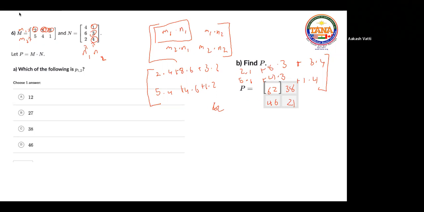Did I explain it better now? I feel like I explained it really badly the first time I did this. And now that we have all 4, even though you don't really need all 4 to find P of 1 of 2, the answer to part A is 38, because row 1 is right here, and then column 2 right here, and the number that's there is 38.